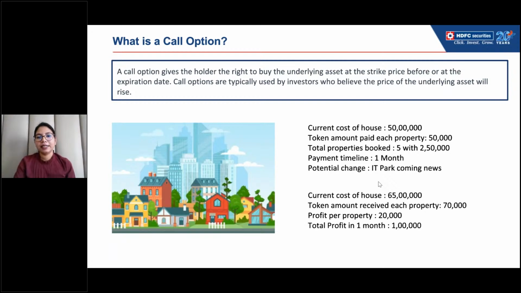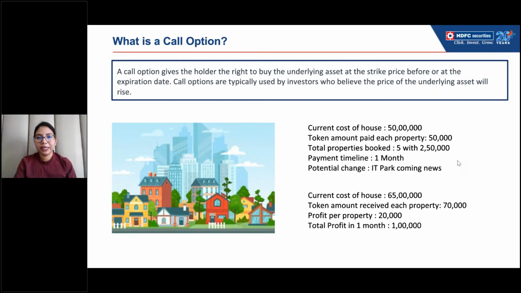Now, as expected, the news comes out, and more and more people are interested to buy property in that particular area, and the price of those properties or flats goes up. So पहले जिसका प्राइस 50 लाख का था, अभी करंटली उसका प्राइस हो गया है 65 लाख each property. ऑलराइट, तो इसमें अभी आपके पास 50 लाख तो था ही नहीं, कोई एक प्रॉपर्टी खरीदने का भी पैसा नहीं था.